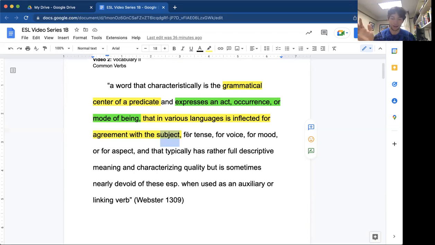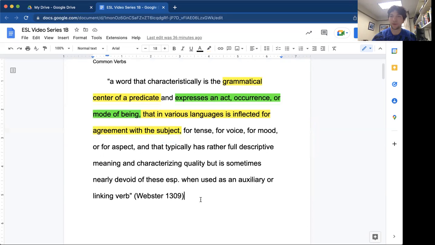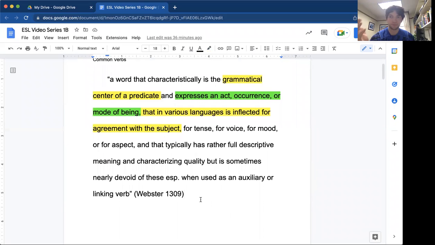And just for practicality, I'm going to give you some examples, just to explain first, second, third person, singular and plural. I'm going to replace them with pronouns, right?